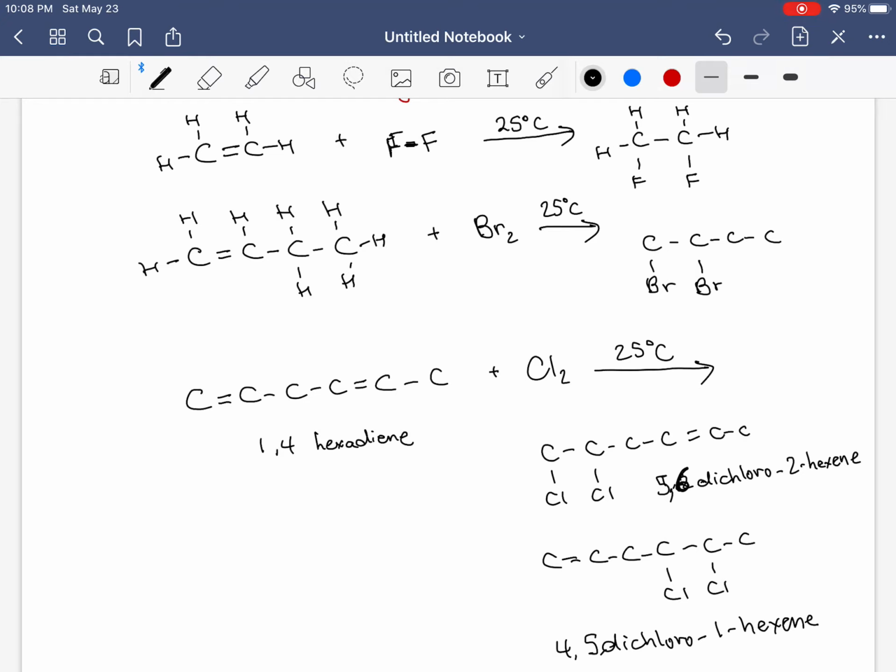Now, will there be a situation where both of these double bonds are attacked and you have a whole bunch of chlorine gas? Yes, but not in this case. Not for this question, because I've mentioned the fact that I'm only using 1 mole of chlorine gas.